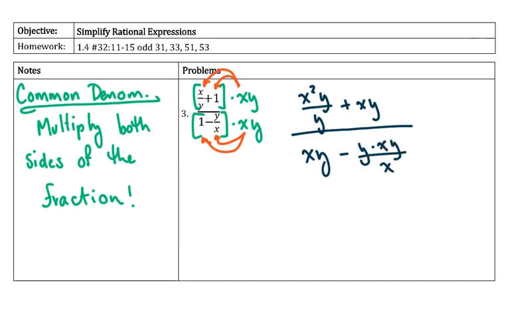And the nice thing that happens here is that in our two fractions inside of fractions, we can cancel out those terms, which means we end up with just a single fraction: x squared minus xy over xy minus y times y, which I'll write as y squared.